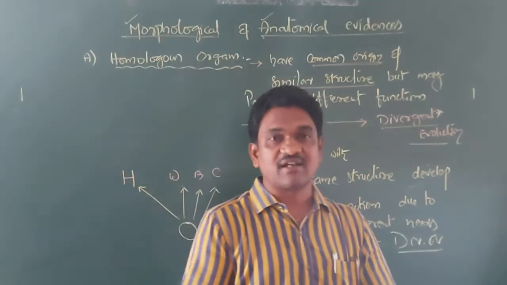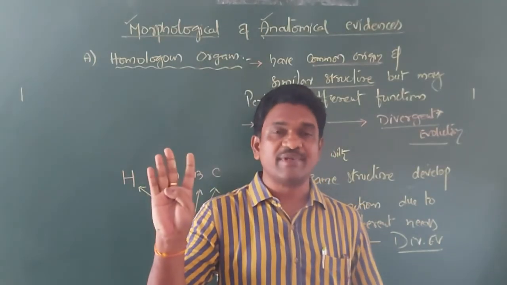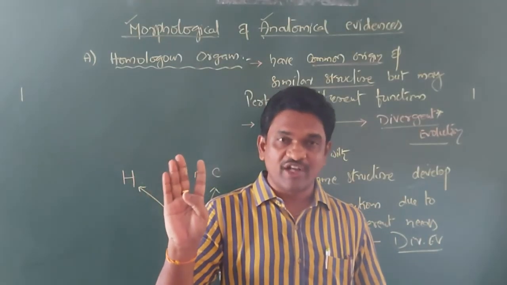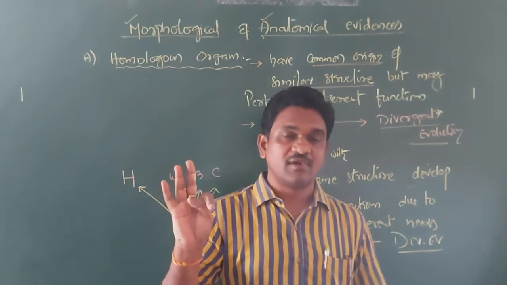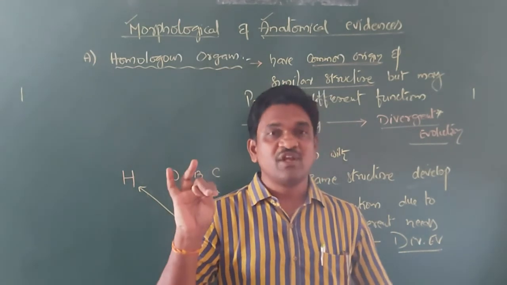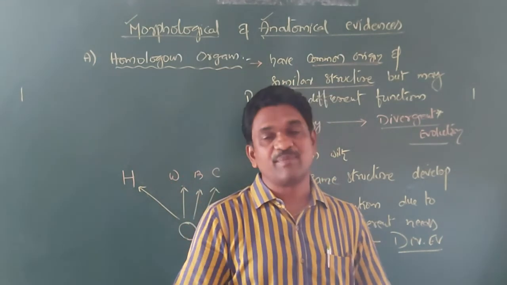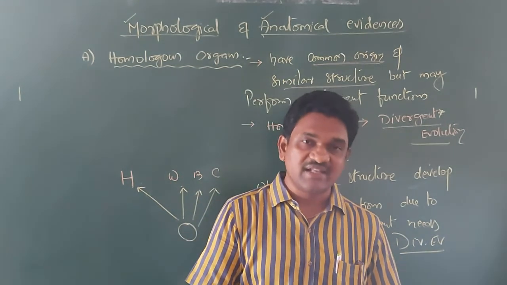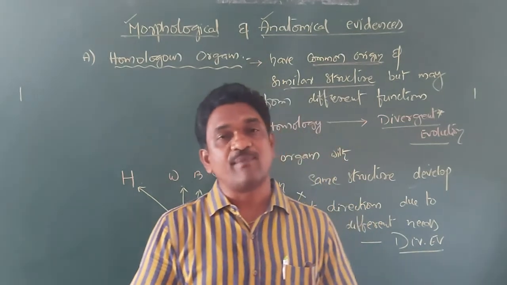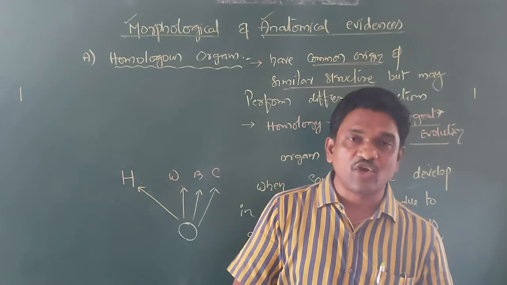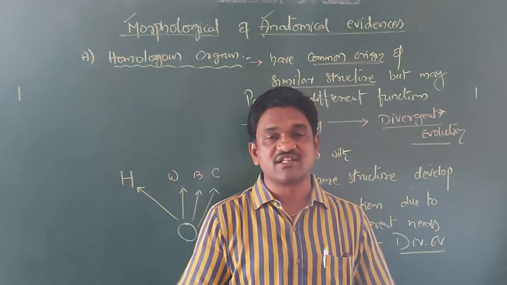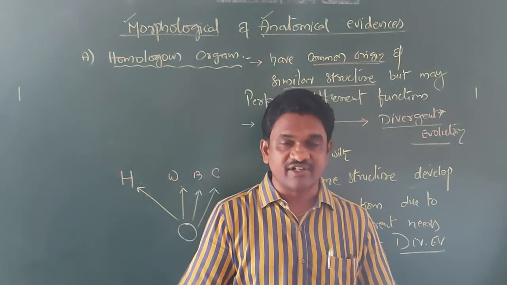Examples of homologous organs: human WBC shortcut; forelimb of human being, flipper of whale, wing of bat, forelimb of cheetah. Second example, mouth parts of insects. Another example, thorn of bougainvillea and tendril of cucurbita. All these homologous organs in different organisms indicate common ancestry.